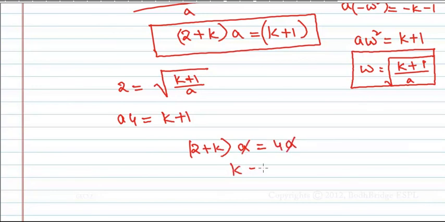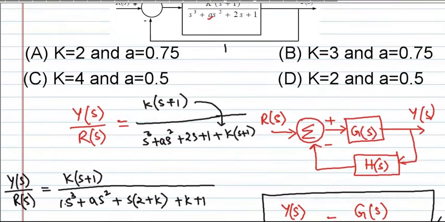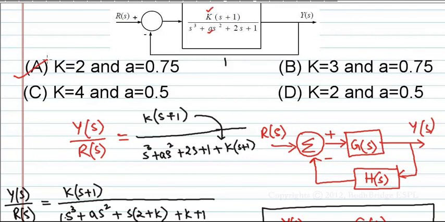Therefore k is equal to how much? 2. When k equal to 2, a is equal to 3 by 4, that is 0.75. K is 2 and a is 0.75. Therefore the first option is the correct option.